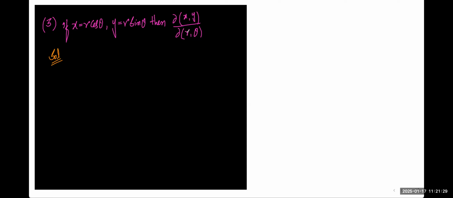First of all, we should get the relation. Then that will be working here. Jacobian of x, y with respect to r, theta, which is equal to, can anybody develop the relation between them? Dou by dou r, dou by dou theta, dou by dou r, dou by dou theta.